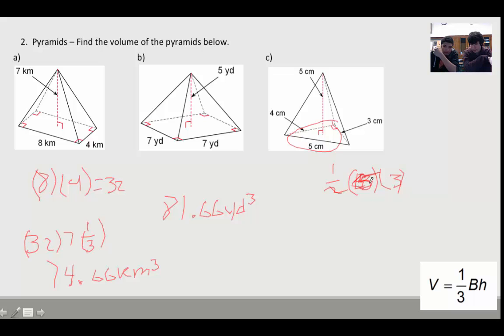It's 4. Oops. It's all right. It's 4. 6. And then once that, you plug it into the equation. It's going to be 6 centimeters cubed.